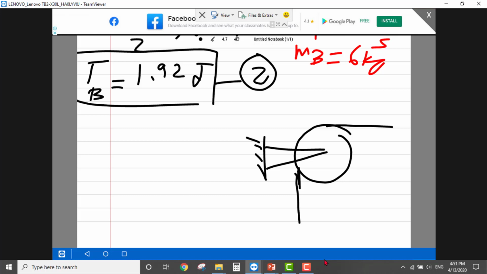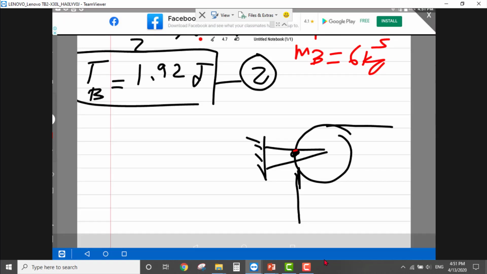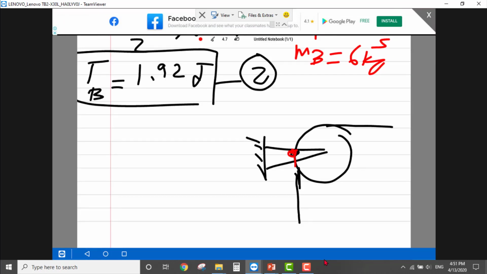Now, we can tell easily that this point on this disk, let me change the color, has a velocity same as tangential, or sorry, it will be in the reverse direction, because rotation is like this. Okay, so this point has a velocity same as block B.